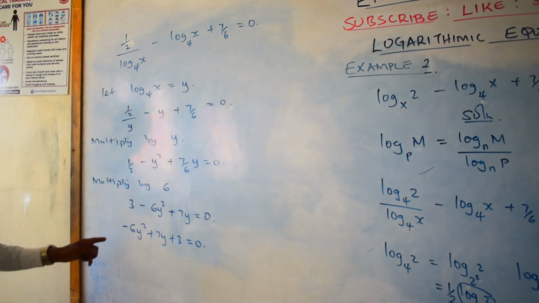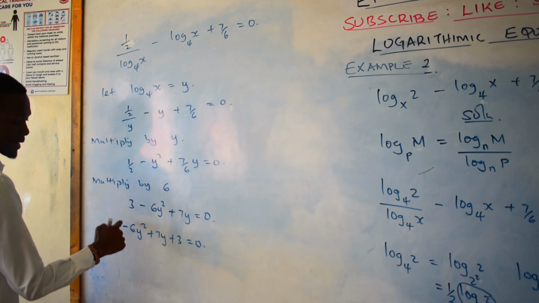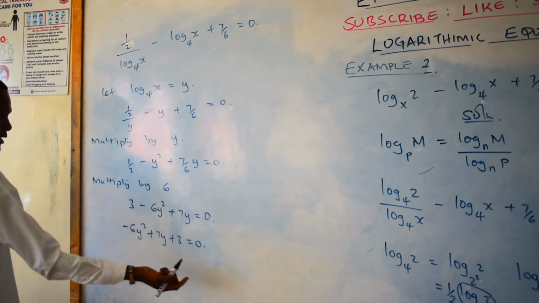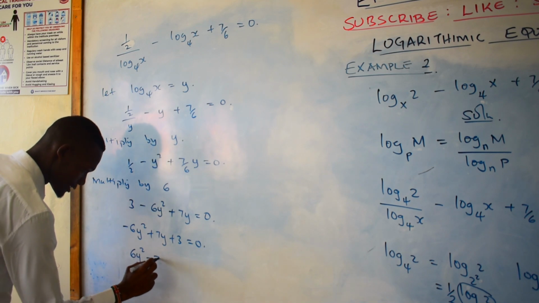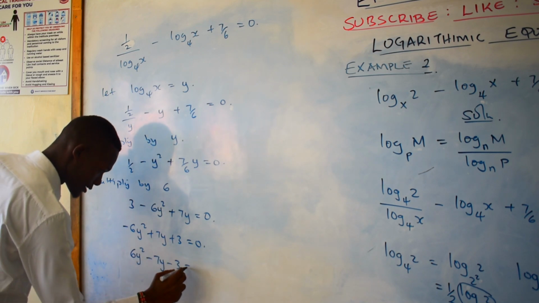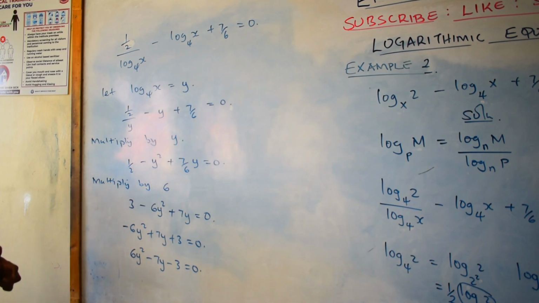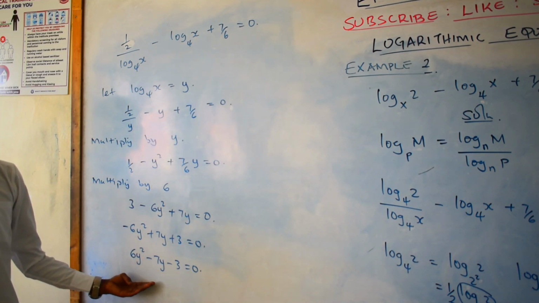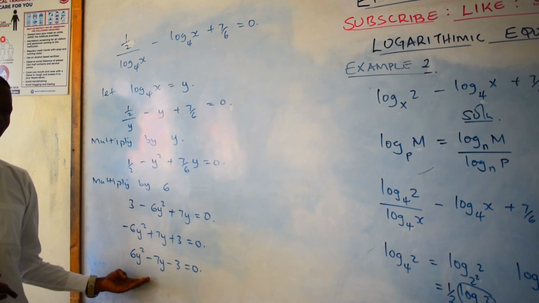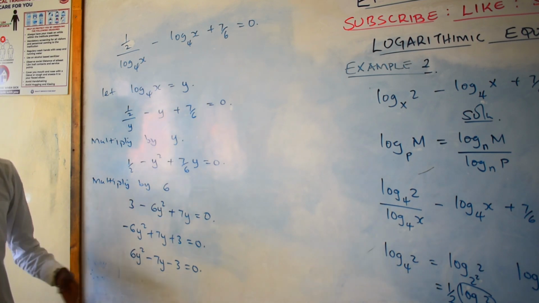We can multiply all through by negative so that we make this number a positive number. So multiplying by a negative all through, we remain with 6y squared minus 7y minus 3 equals 0. Now you can see we have a quadratic equation. Therefore, let's now solve the quadratic equation.